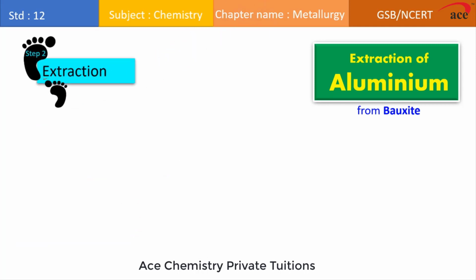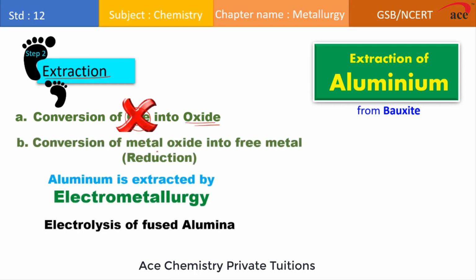After concentration, step 2 is extraction. Generally in extraction we convert the ore, that is the metal compound or concentrated ore, to its oxide. But here we are not converting the ore into its oxide.